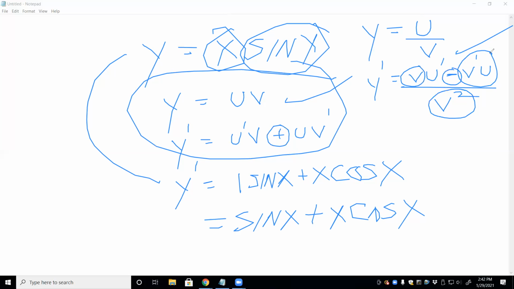So there's your power, product, and quotient. The only one left is the chain rule. And it's probably more than we want to tackle today, but it's what comes next. And between those four rules, you can differentiate anything.